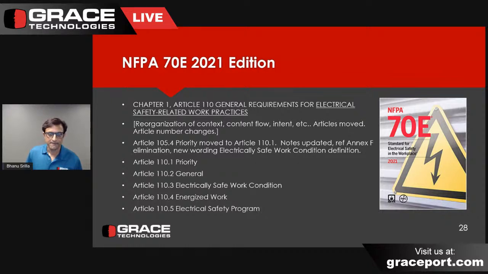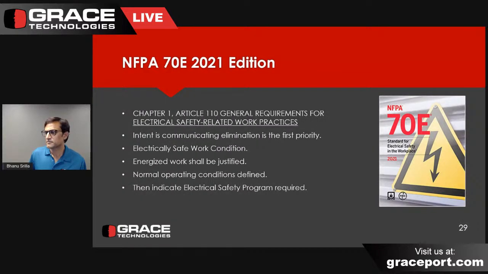Yeah, so just to complement what you're saying, this is a significant structural change in 70E that was also reflected in Z462, right? Just an FYI, one of the major changes here was shuffling content from Article 130 to Article 110 so that the content flows better. It actually makes a lot more sense when you review 70E now and Z462 in Clause 4.1, which is the equivalent of 110, in that it gets the employer organized, right?